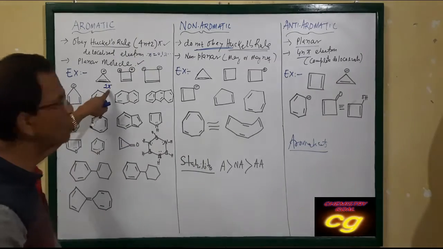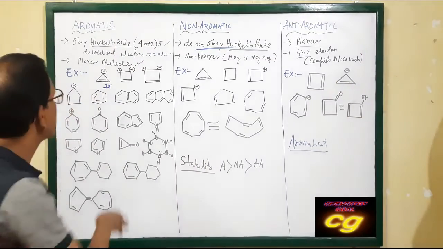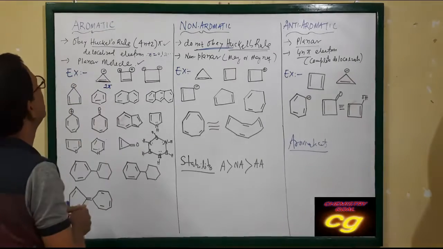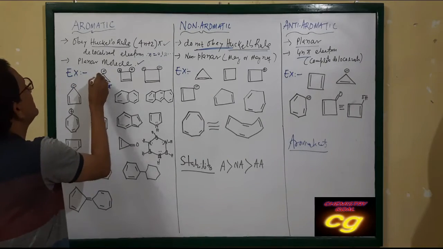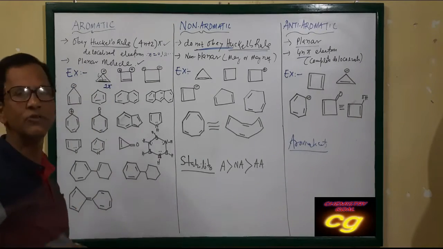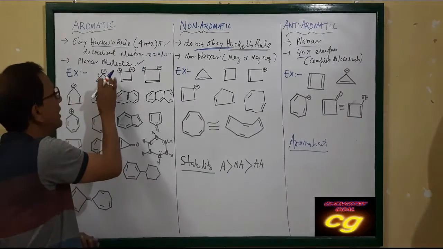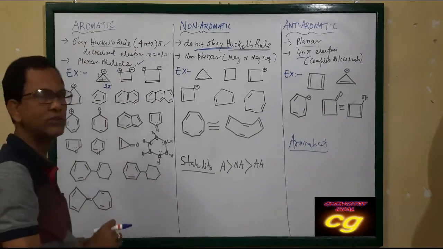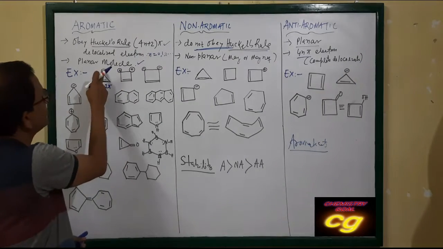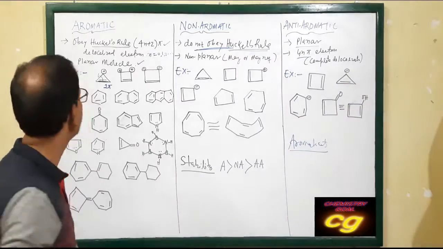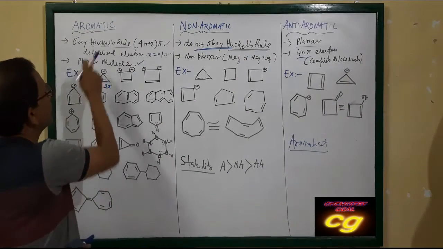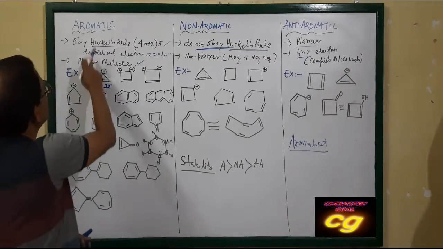So it satisfies 2 pi electrons, and these 2 pi electrons are delocalized. They can go to this side or this side. As it is delocalized with 2 pi electrons, and it is also a planar molecule because it is a carbocation, which is planar in shape, it satisfies Huckel's rule and the properties of aromatic.